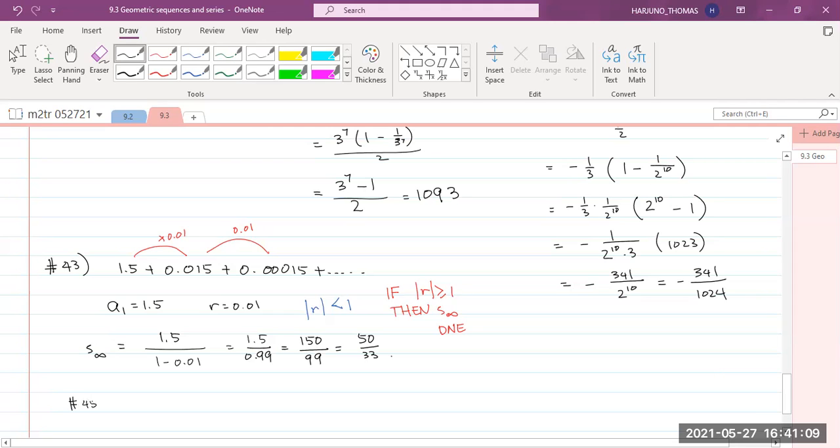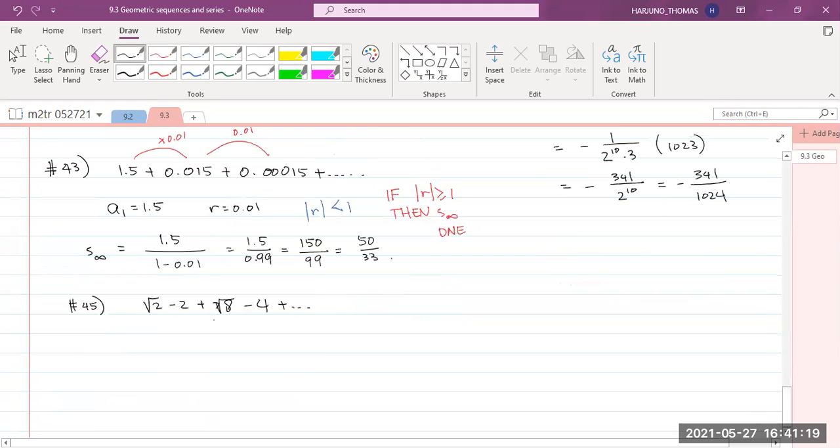Number 45: radical 2 minus 2 plus 2 radical 8 minus 4 and on. So the first term, as you can see, is radical 2. The common ratio is negative radical 2, whose absolute value is radical 2, which is greater than 1.